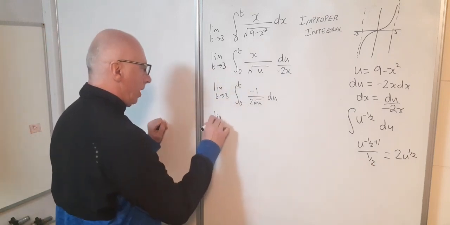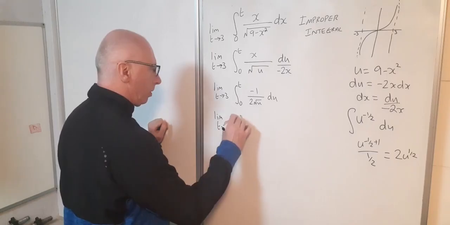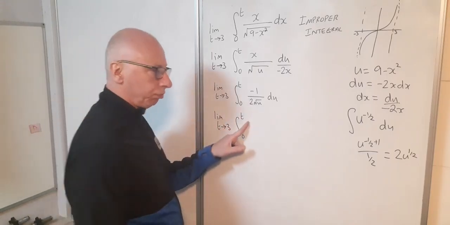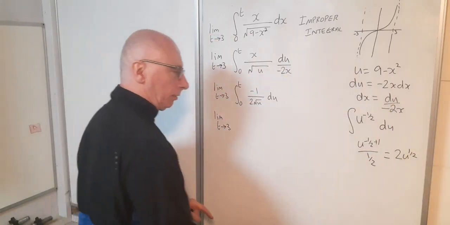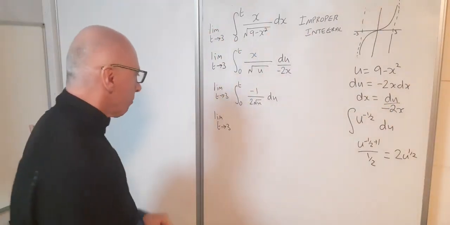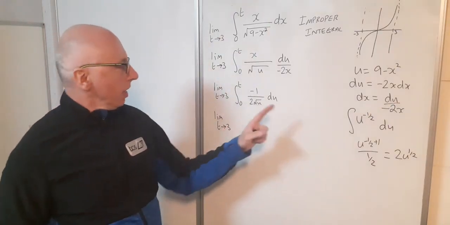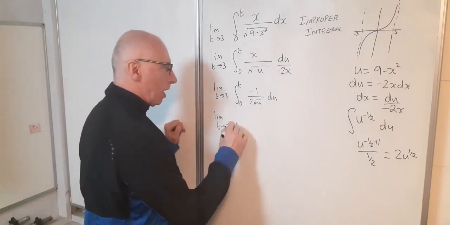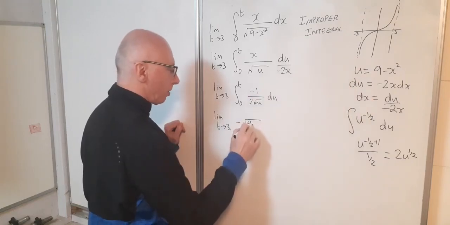So then I've got the limit as t approaches 3, 0 to t, of 2u to the half divided by minus a half. So the answer to that would just be minus square root of u, which is 9 minus x squared.